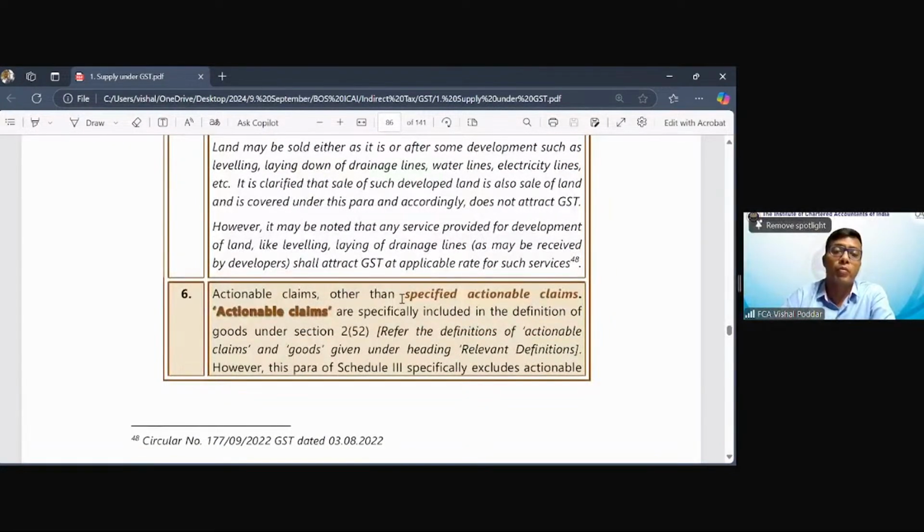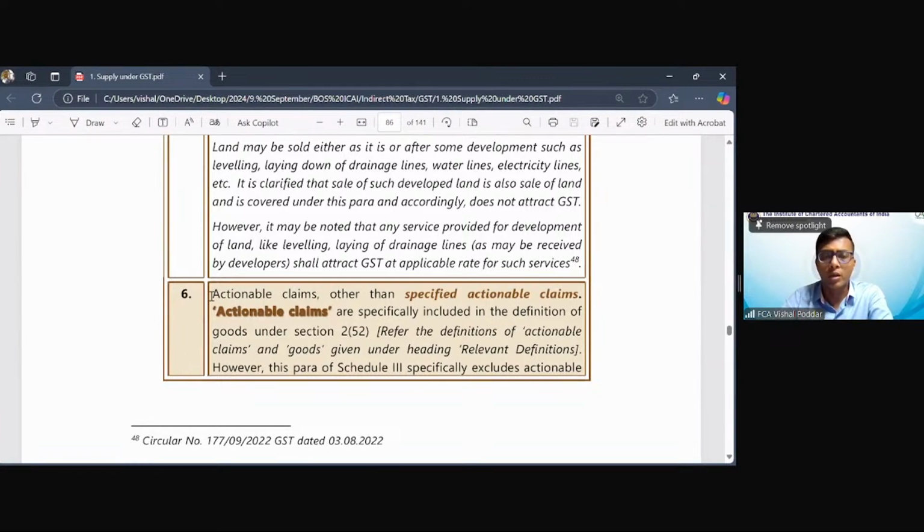Here, before the amendment, it was actionable claims other than only 3 things: lottery, betting, gambling. Now, after that 1st October 2023 amendment, they have included casino, they have included online gambling, online money gaming, everything over here. So now they have changed the wording.